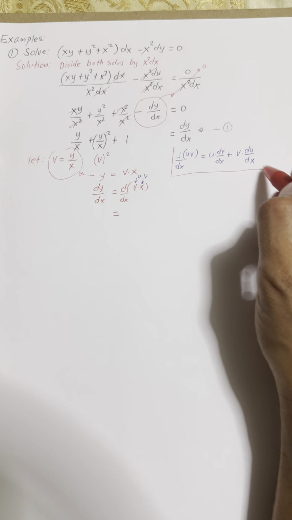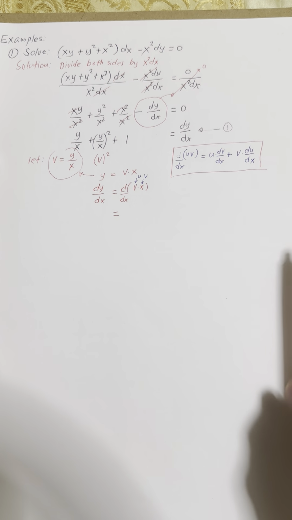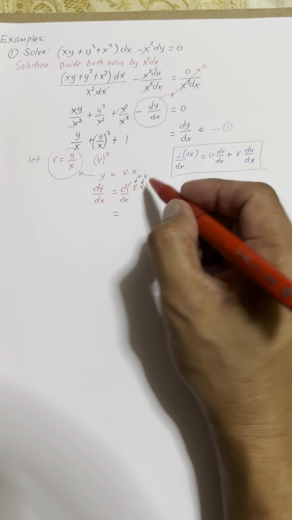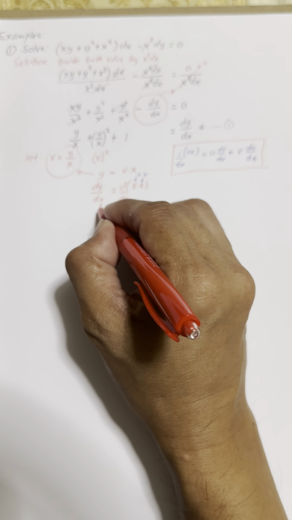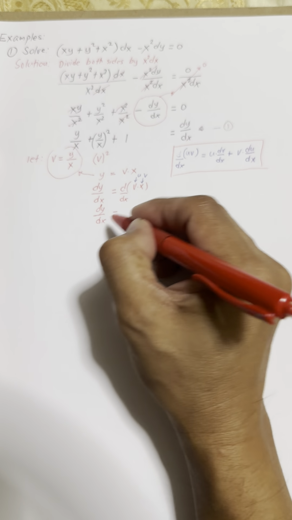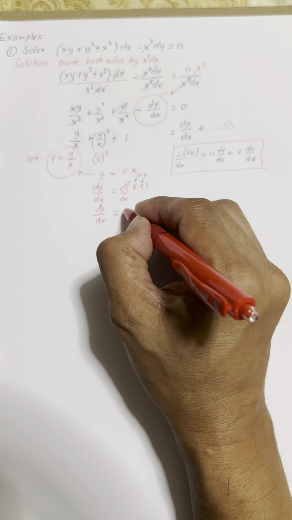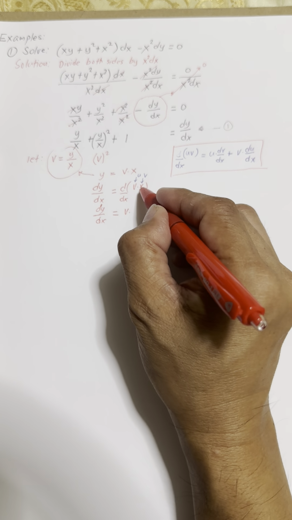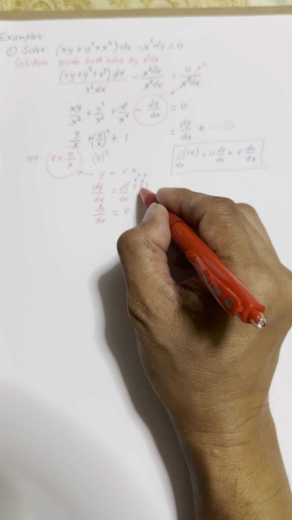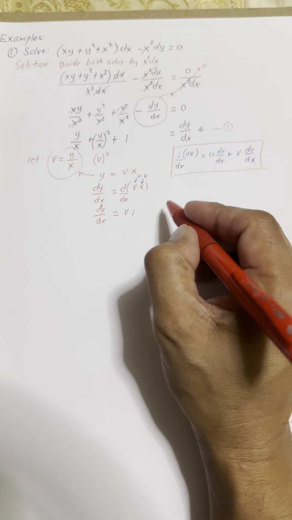Following this formula, we can rewrite this as dy over dx is equal to u, which is v, times the derivative of x with respect to x, which is equal to 1.